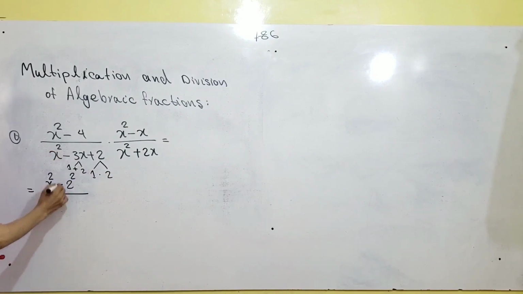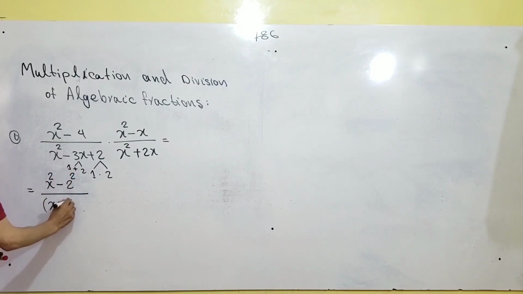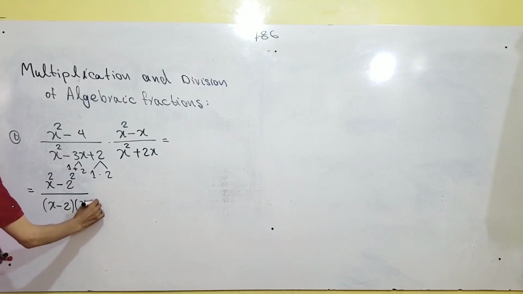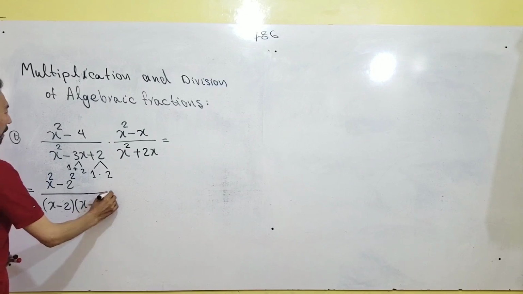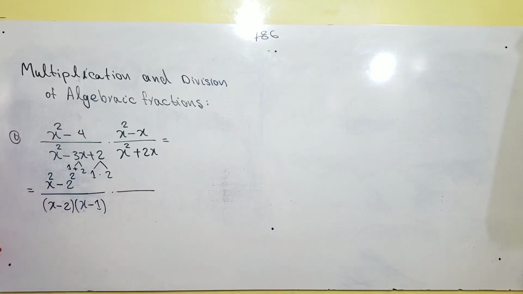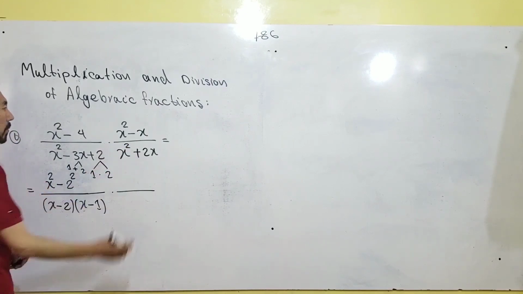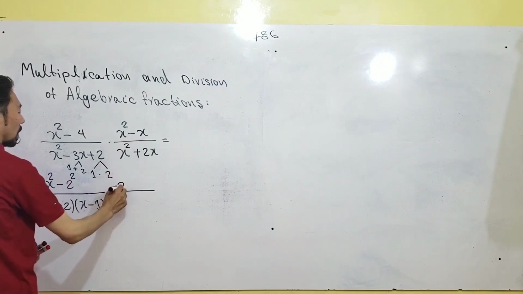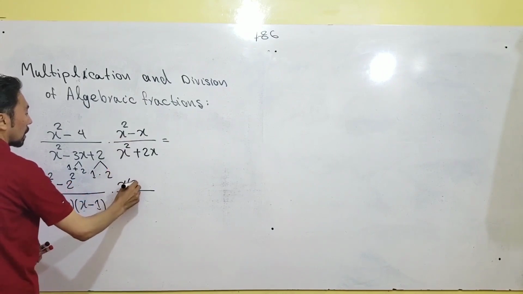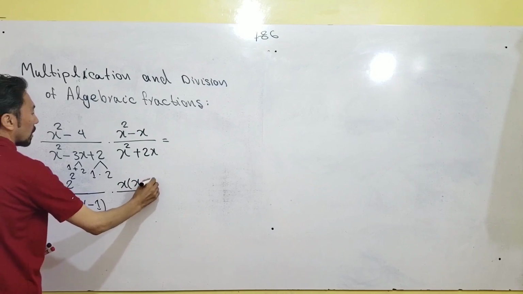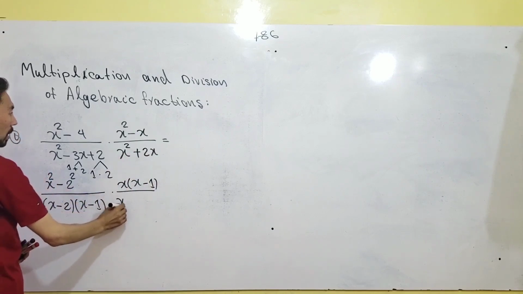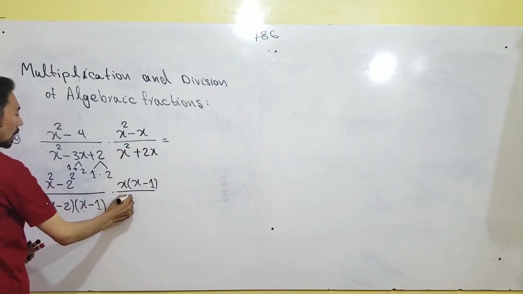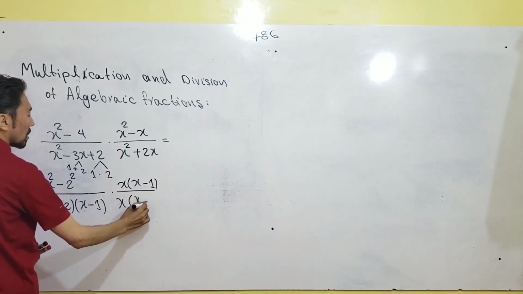We have (x minus 2) multiplied by (x minus 1), multiplied by the second fraction. We bring out the x and here remains x minus 1. Also we bring out the x and remains x plus 1.